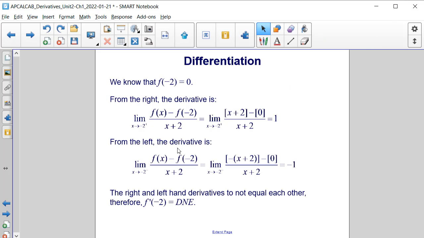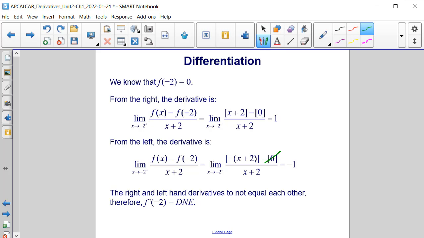From the left, the derivative is the limit as x approaches negative 2 from the left of f of x minus f of negative 2 divided by the quantity x plus 2. And that simplifies to be the limit as x approaches negative 2 from the left of the negative of x plus 2 minus 0, all divided by the quantity x plus 2.